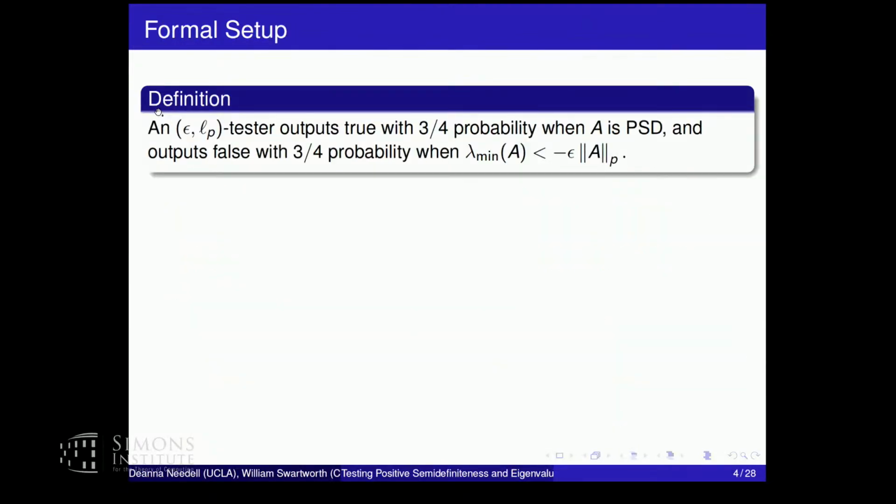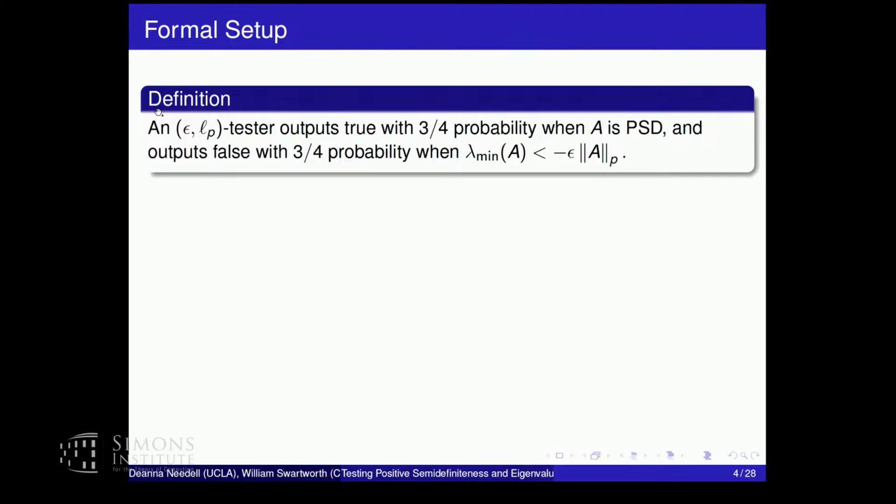Let me formally define the epsilon PSD tester problem that we'll look at. Given this matrix A implicitly, if A is PSD, we'd like to declare that it's PSD with some constant probability. And if A is epsilon far from PSD, which is going to mean that its minimum eigenvalue is less than minus epsilon times some matrix norm of A. We have this gap depending on the norm so that it's scale invariant.